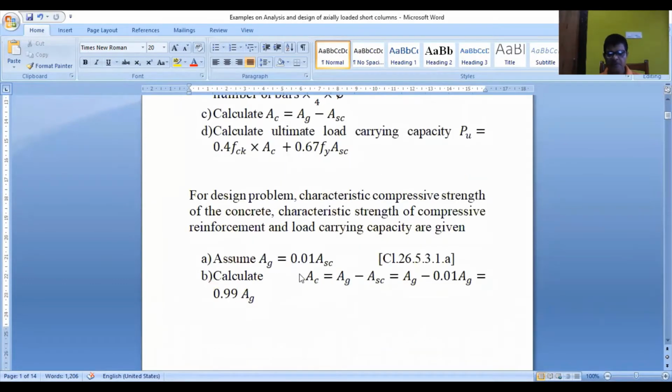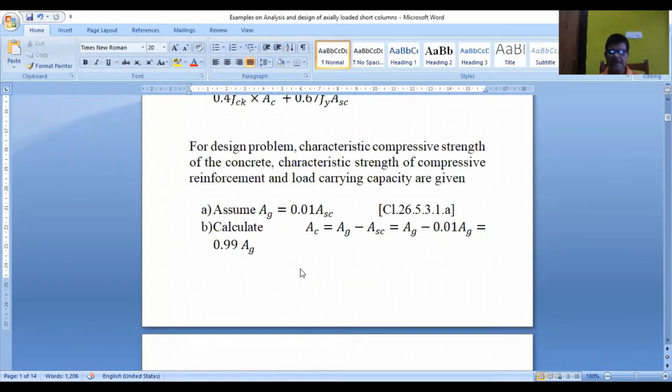Now, for design problems, again you can go to page 71. On page 71, the theoretical formula for the load carrying capacity is given, and on page 48, go to clause number 26.5.3. In this clause 26.5.3, the percentage of steel, the number of bars, and the spacing of bars are given.